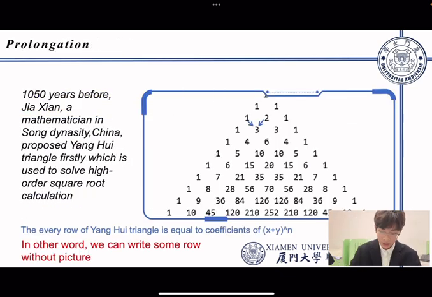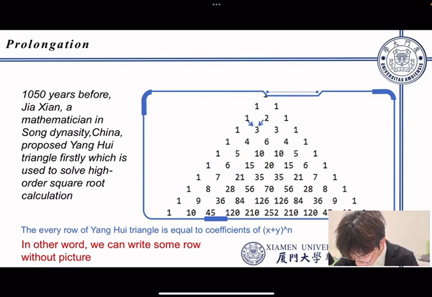So we write every row, when n is equal to 0, 1, 2, 3, 4, up to n, they are coefficients. We can get this picture.